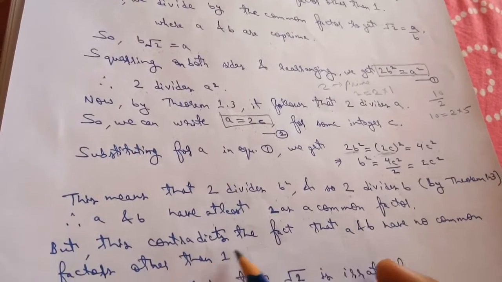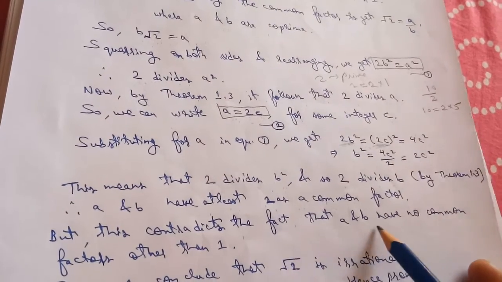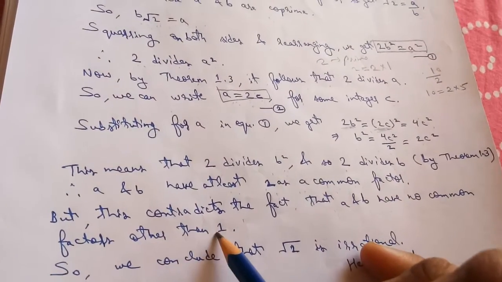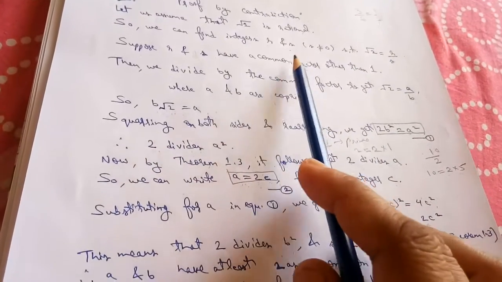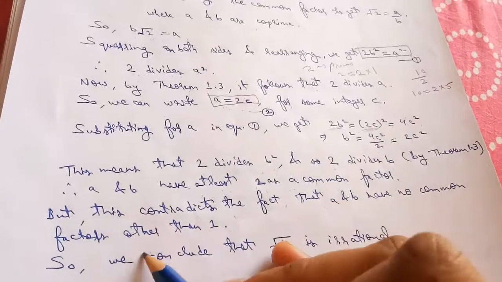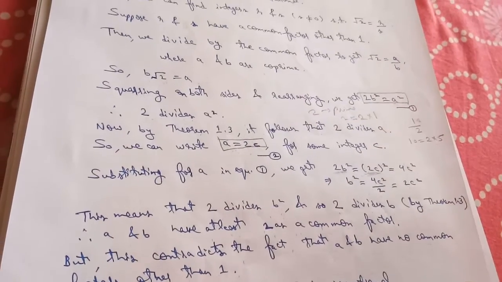Why? Because a is divisible by 2 and b is also divisible by 2. But we had taken the assumption that a and b are co-prime, that is they do not have any common factor except 1. But here we have got that a and b have at least 2 as a common factor. That means we have got a contradiction to the claim that a and b have no common factor other than 1. That means our assumption that root 2 is rational is false. Hence we can conclude that root 2 is an irrational number.